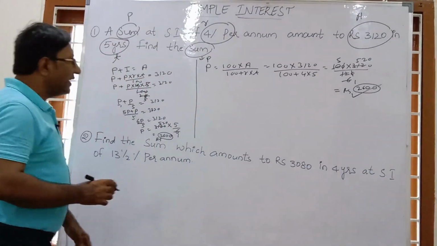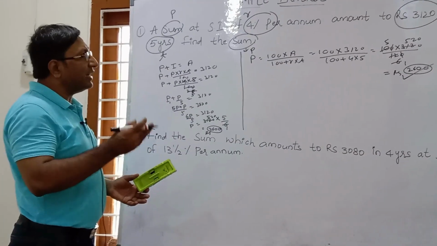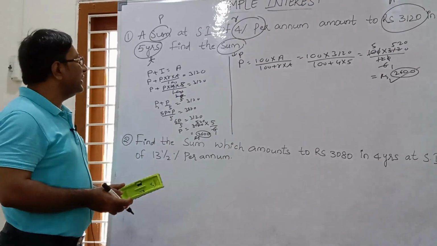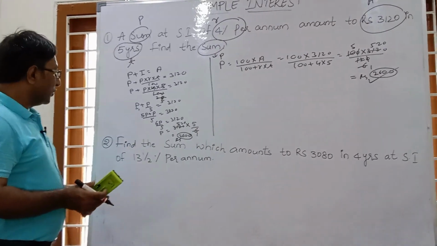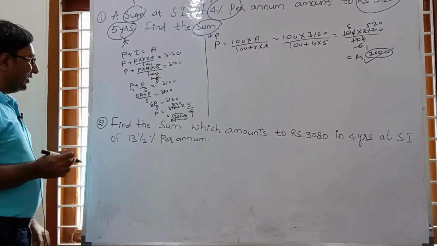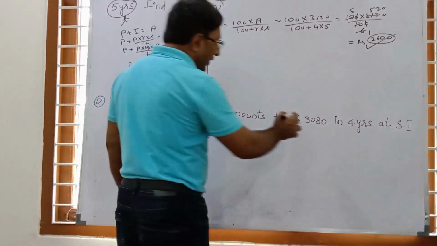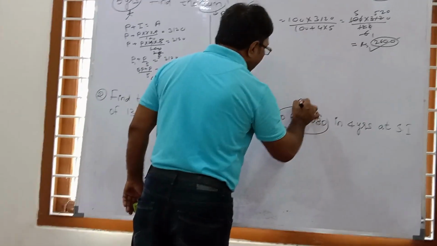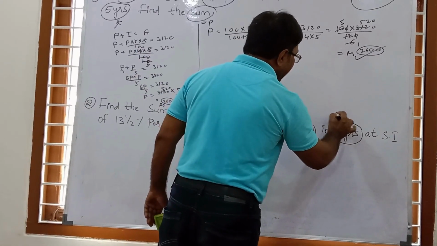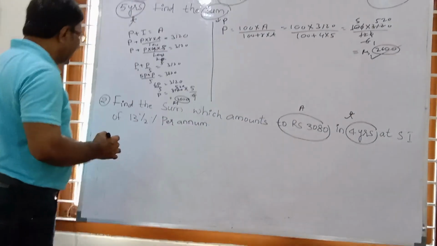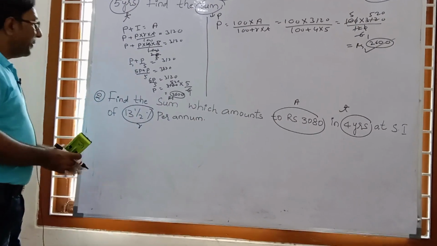In the same way, we can solve any question where the simple interest rate, amount and time are given, and then we can easily find the principal. Now the next question, the second: find the sum which amounts to rupees 3080 in 4 years at simple interest of 13.5% per annum. Here R is given in mixed form.